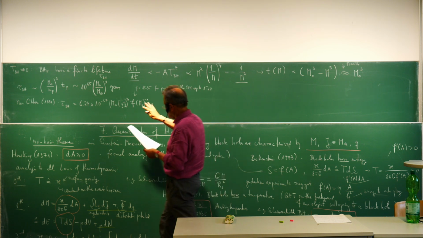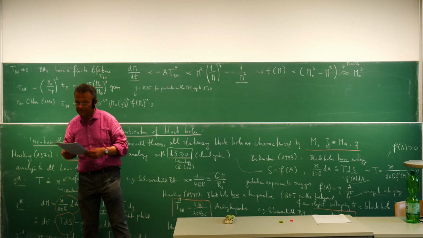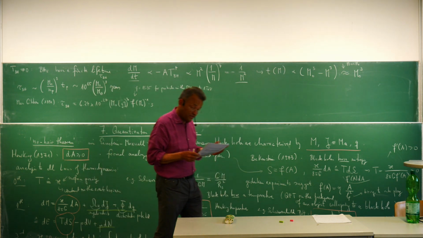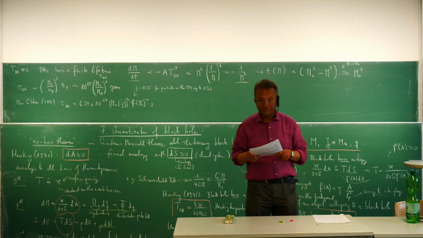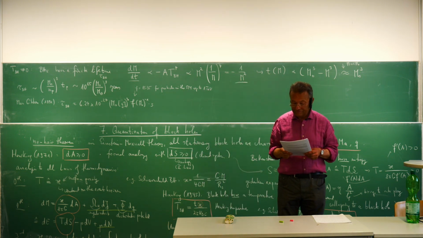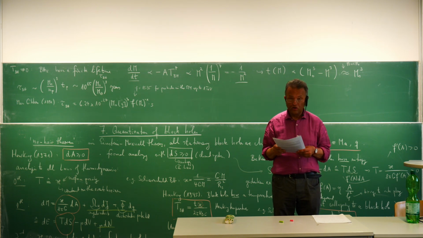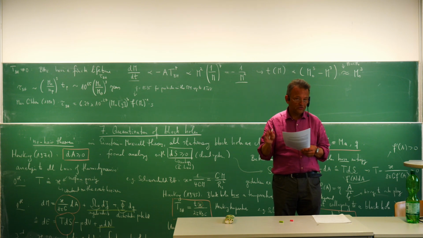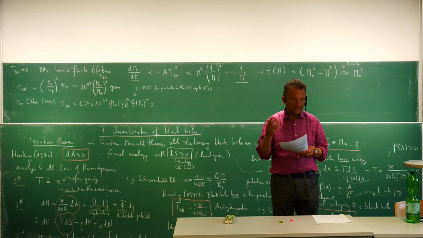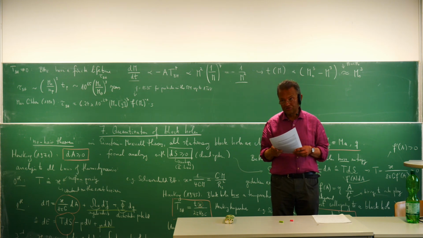Okay, so what about small black holes? This would be a separate lecture in principle. We can, in principle, generate black holes from density fluctuations in the early universe. Those of you who also attended my early universe class know that early on, if you have inflation, there are also density fluctuations, quantum fluctuations.